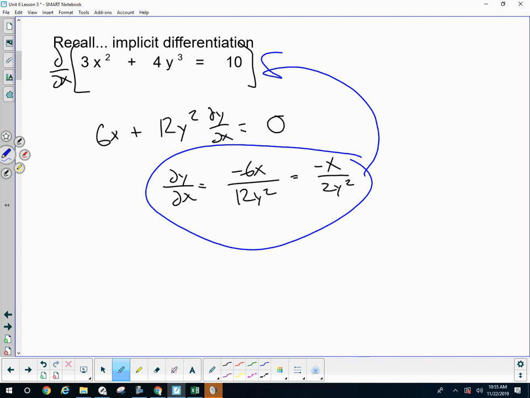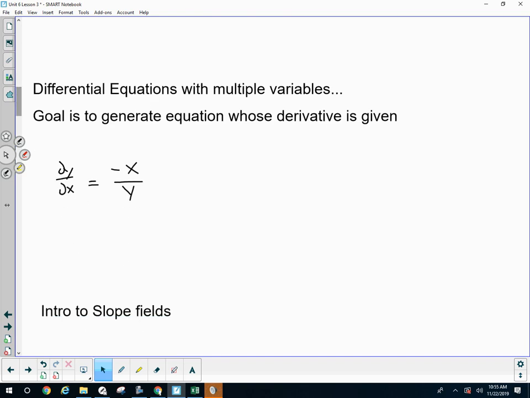Now, for all of these differential equations that we've been doing in this unit, we've been saying, hey, take the antiderivative, right? But how the heck do I take the antiderivative of this?